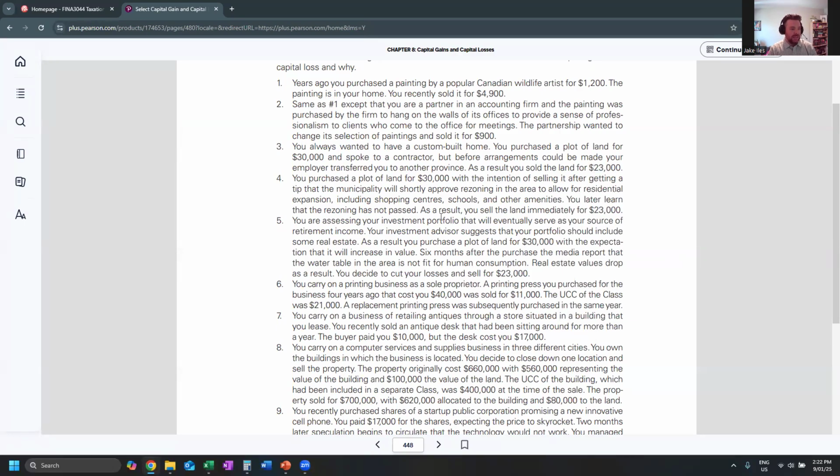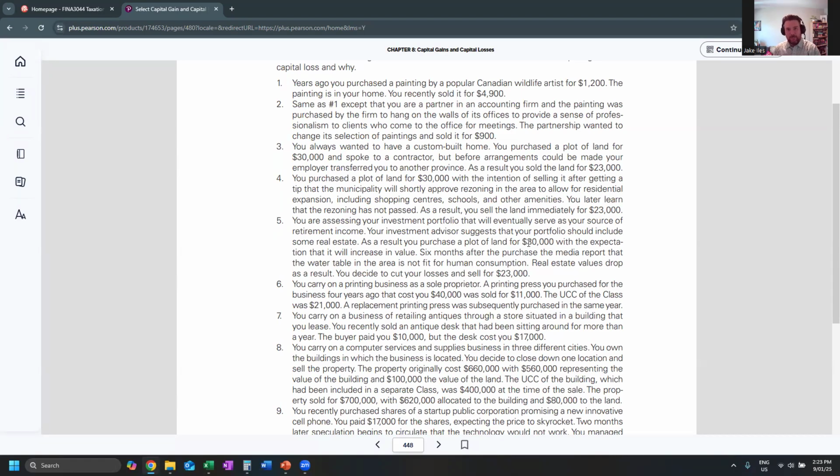Case 5: you're assessing your investment portfolio. Your advisor says you should include some real estate. As a result, we purchased land for $30,000, expecting it to increase in value. 6 months later, it turns out the water level's not good for humans. The real estate value drops. We cut our loss, sell for 23,000. Now it's capital in nature. Its increase or decrease in value wasn't the intention.